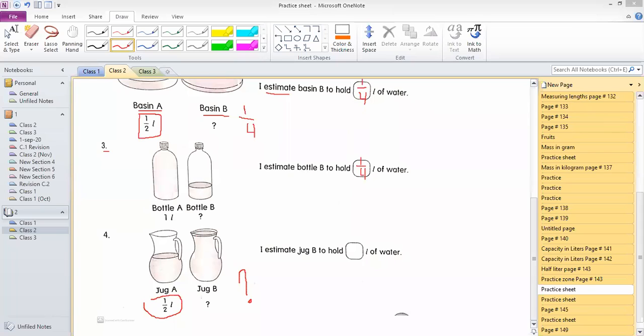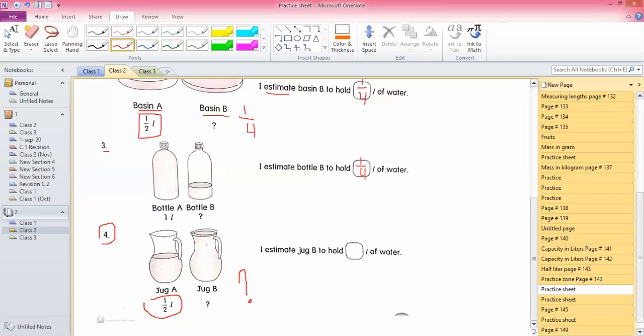Can you estimate how much water is there in jug B? Question number 4. If jug A holds half liter, can you estimate how much water is there in jug B? Why 7? This is half liter. Look, half of the jug is half liter.